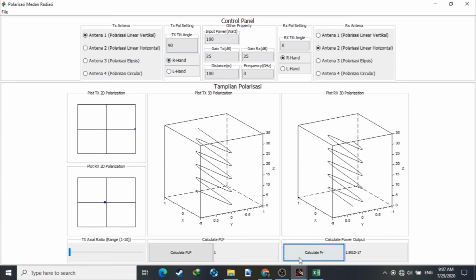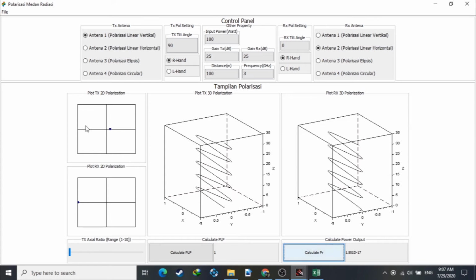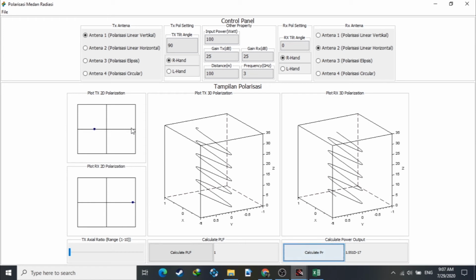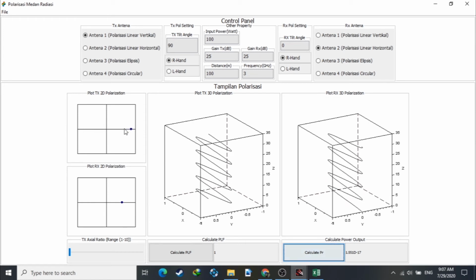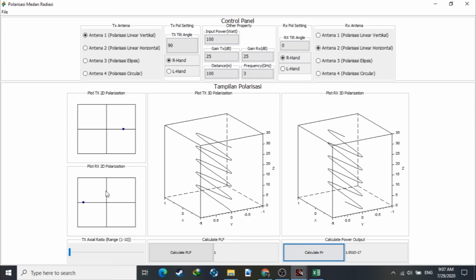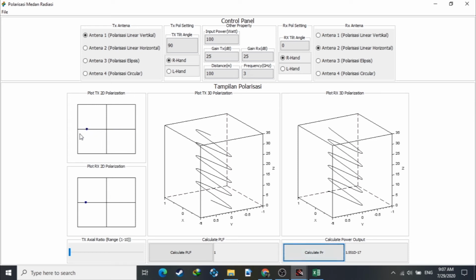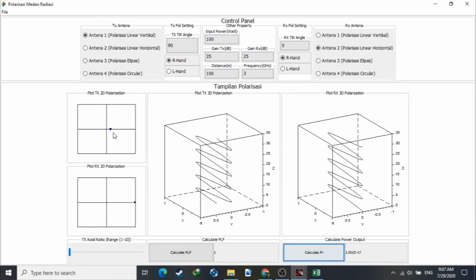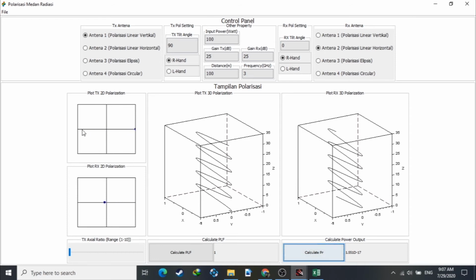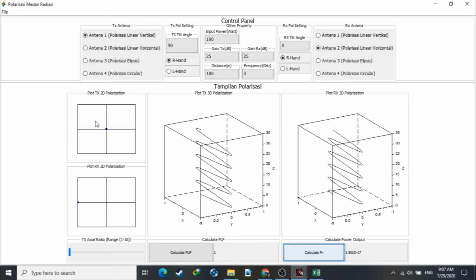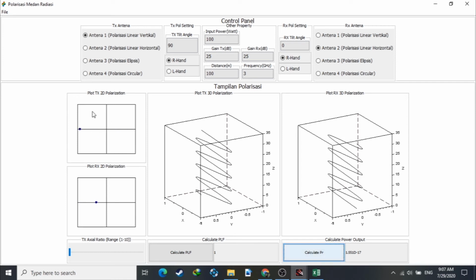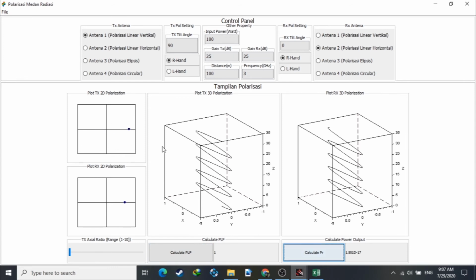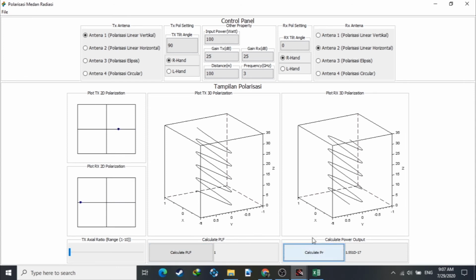As you can see here, it is because the polarization moves in the same axis. Even if the movement is not at the same speed or is in a different phase, it moves in the same axis, and this is what makes the PLF maximum and the received power bigger.